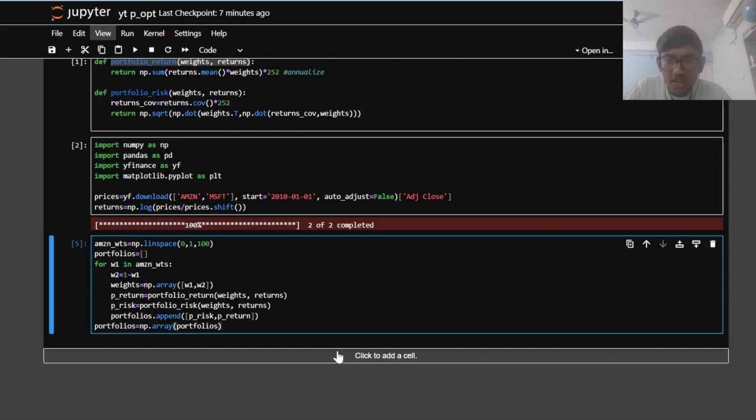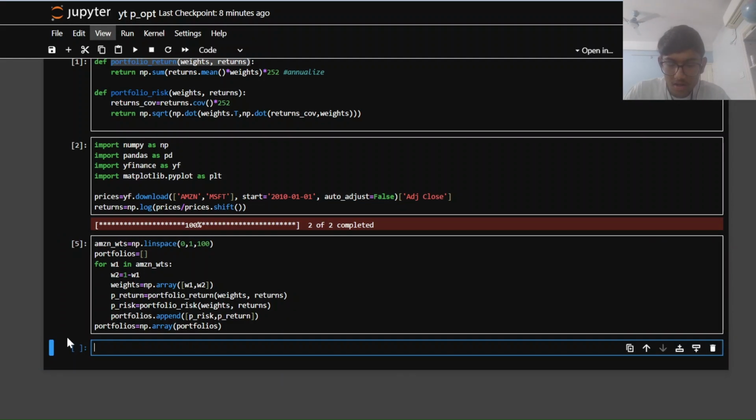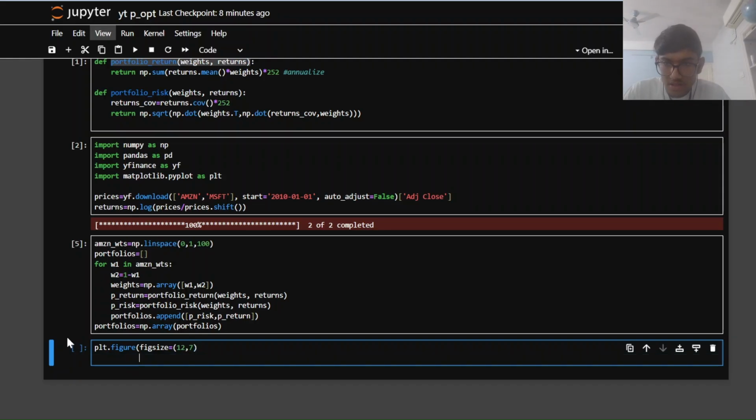Now let us plot returns versus risk for all the portfolios that we have here. So PLT dot figure, fig size equals 12 comma 7, and then PLT dot plot portfolios, all of them, right?